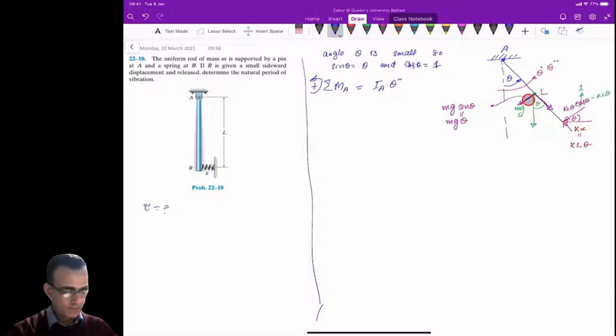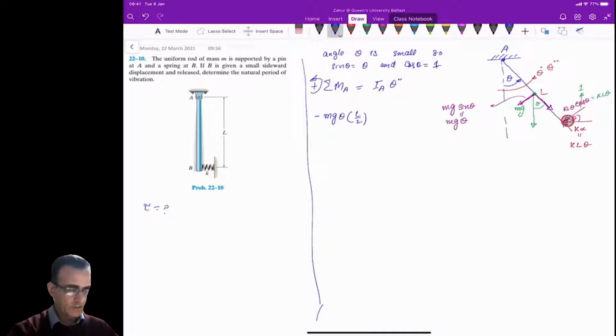So the first force, which is this mg theta, and the total length from here to here is L. So the length from here to here is L by 2. So this will become equal to minus mg theta times L by 2, and it's negative because it will rotate this thing in the clockwise direction, and we are taking counterclockwise as positive.